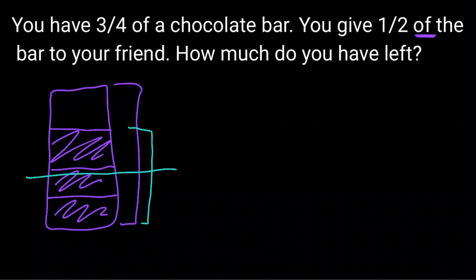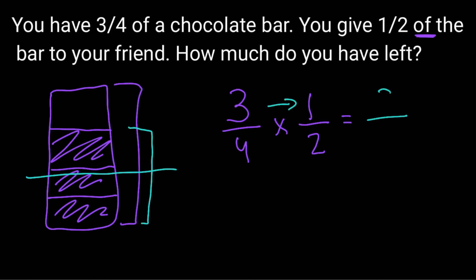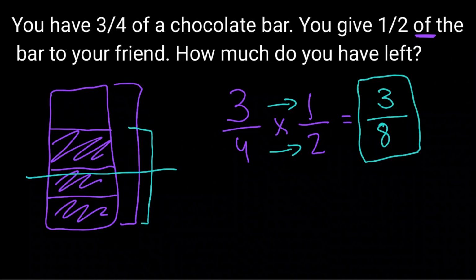So our problem becomes 3 over 4 multiplied by 1 over 2. We multiply normally. 3 times 1 on the top gives us 3, and 4 times 2 on the bottom gives us 8. Therefore, you have 3/8 of the full chocolate bar left.